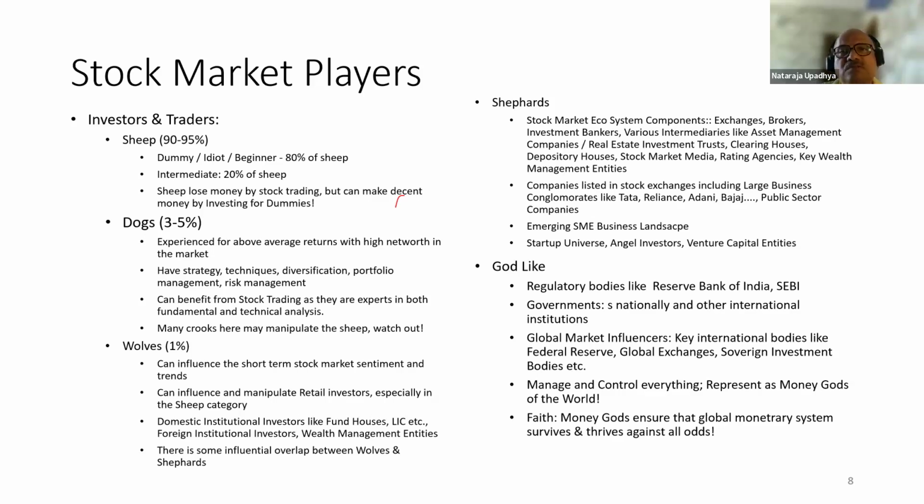Okay. Now, shepherds are those who constitute the stock market ecosystem. Here are the exchanges, brokerage houses, investment bankers, various intermediaries like asset management companies or REITs, clearing houses, depository houses, stock market media, rating agencies, key wealth management.